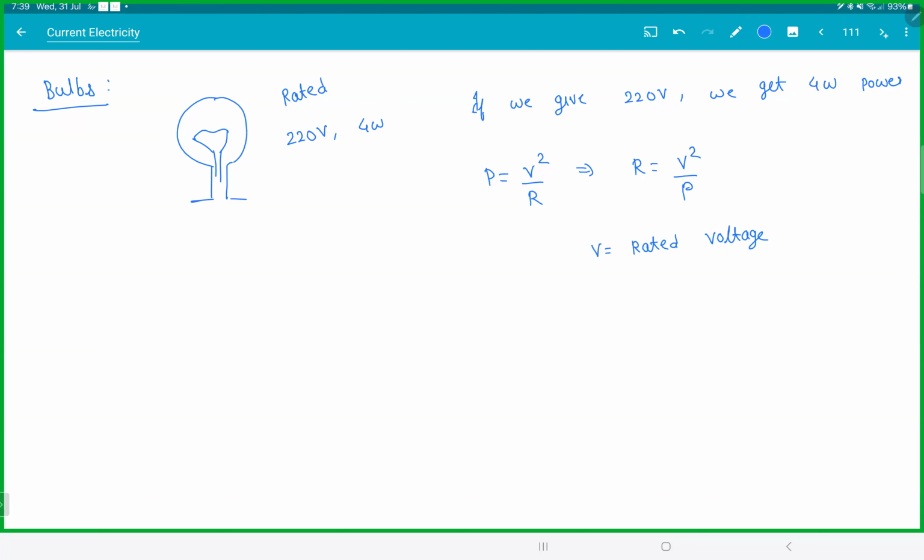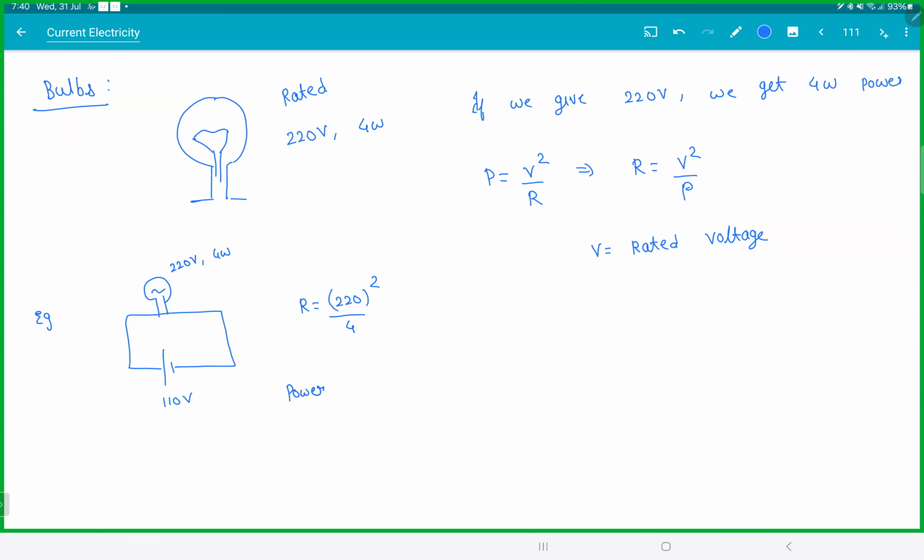So let me show you an example. Let's say you take a 220 volt, 4 watt bulb, but you connect it across 110 volt. What happens? First of all, what is the resistance? 220 volt square by 4.